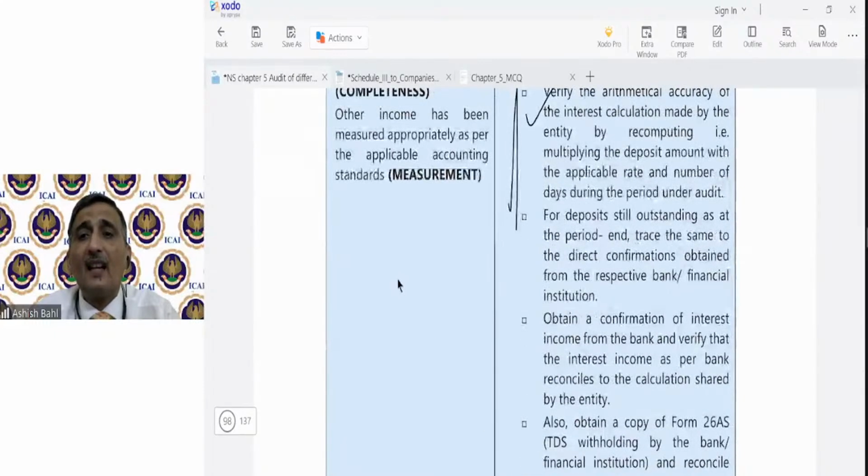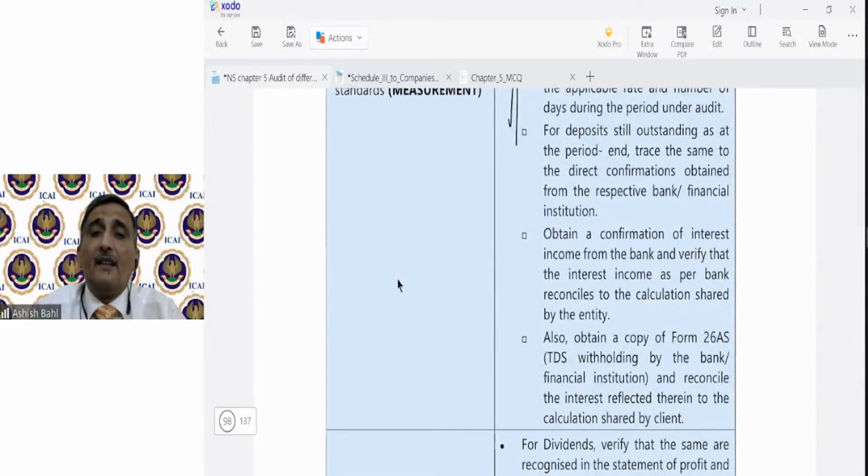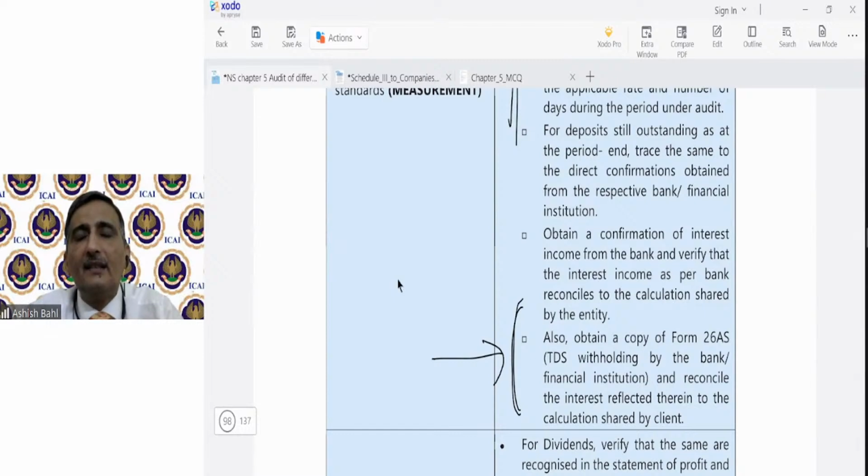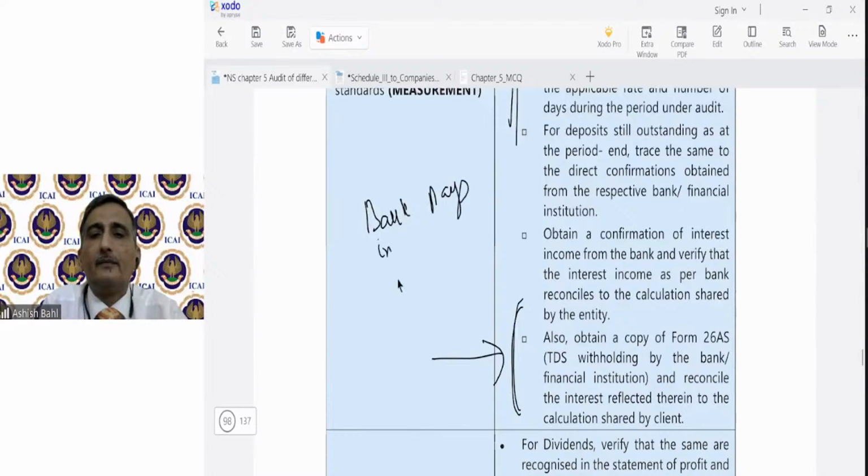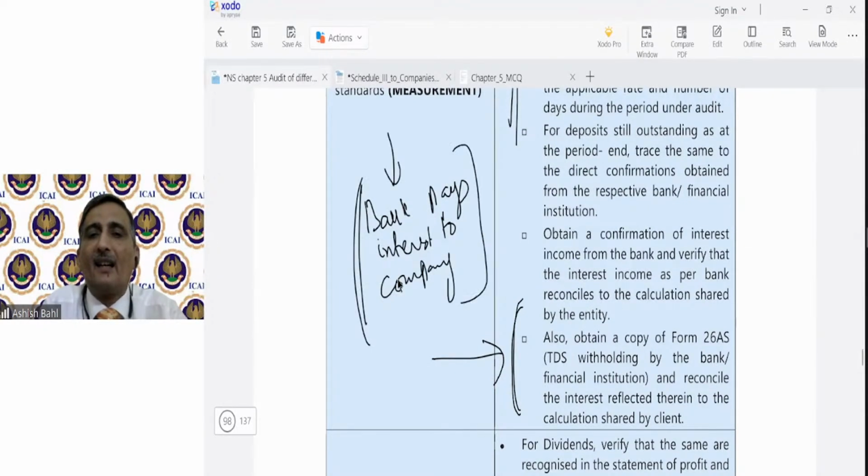Like another thing is, students, whenever somebody pays you interest, you would be reading in your income tax law classes further down the line. So generally, whenever say a bank pays interest to a company, we are talking about companies, so we assume that the bank pays interest to the company.